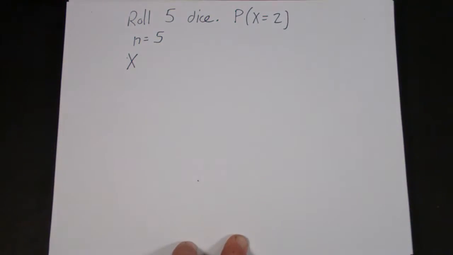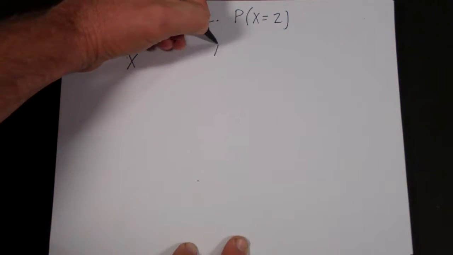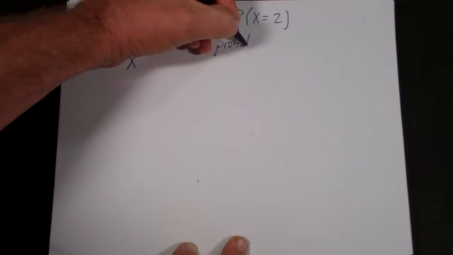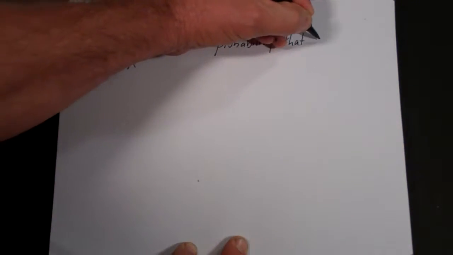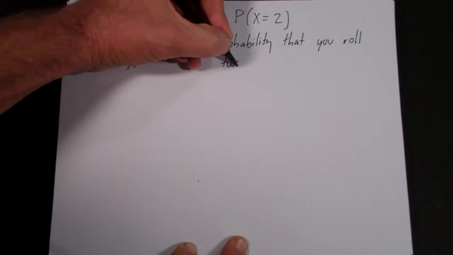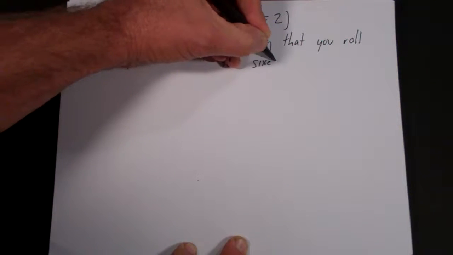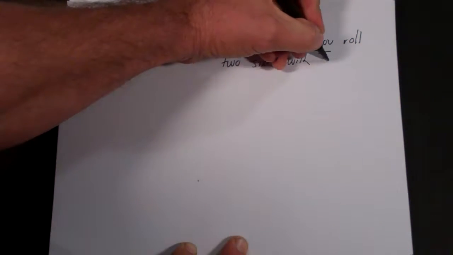In other words, the probability that you get 2 sixes. We can write that in English: the probability that you roll 2 sixes with 5 dice.